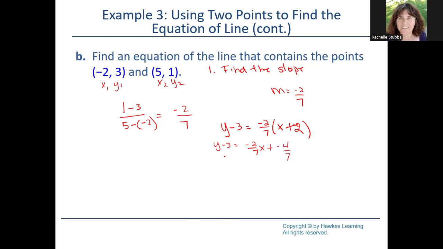I'm going to add 3 to each side. But 3 in terms of 7 would really be like 21 over 7. And now I have y equals a negative 2 over 7x. And a negative 4 plus a positive 21 would give me positive 17 over 7. That's my slope intercept.